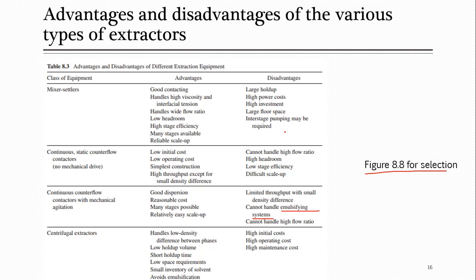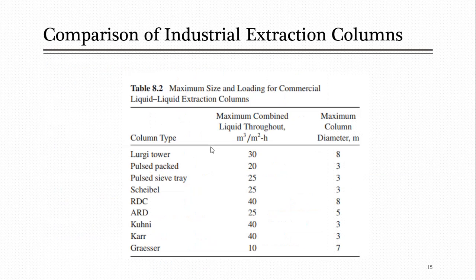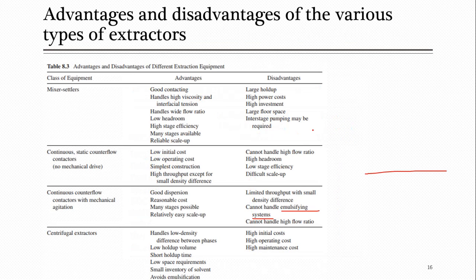After collecting some initial data, you can see how much your maximum combined throughput is, as well as how much space is available, that is, what the maximum diameter of your equipment can be, as well as, based on various other advantages and disadvantages discussed here, maybe cost, power, and so on, you can select the equipment.